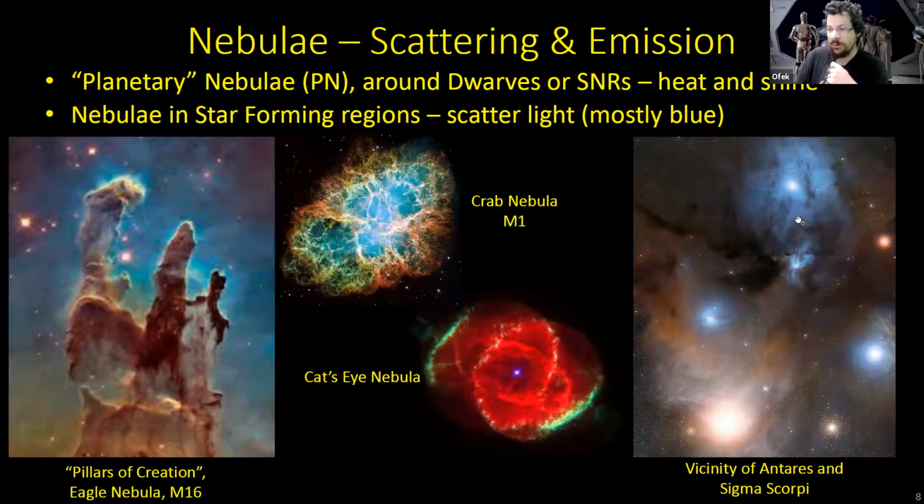And in general, like we see on the left or right, star-forming regions, new stars shine in light. We can see the blue and red coming from different parts of that region in the sky, basically tracing the shape of the gas clouds in these nebula.